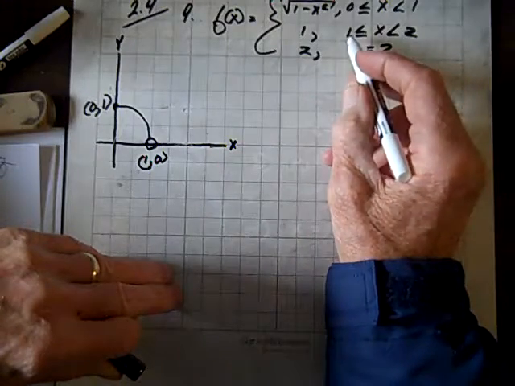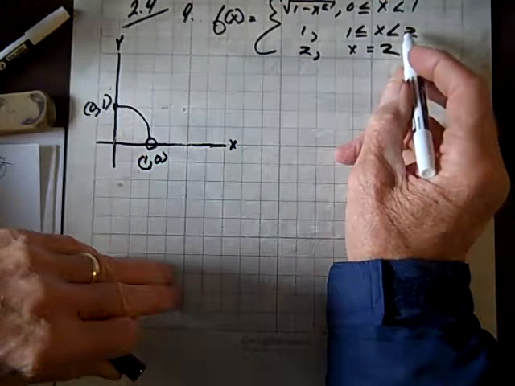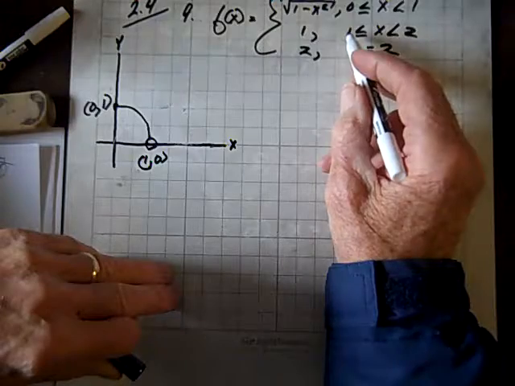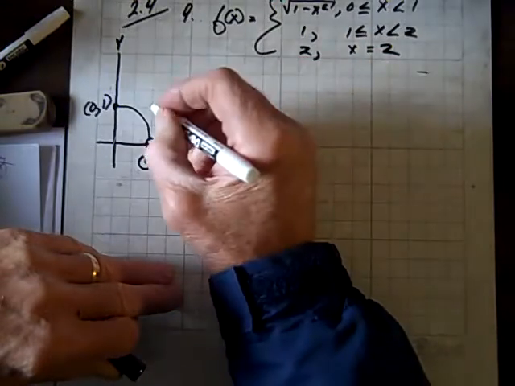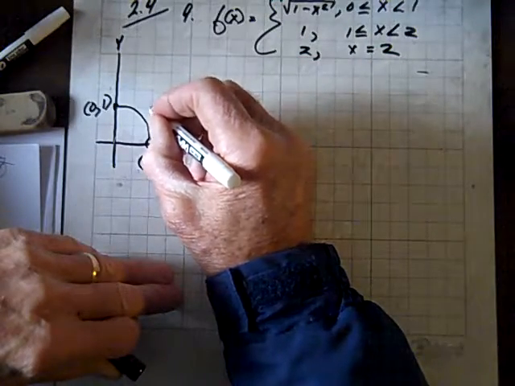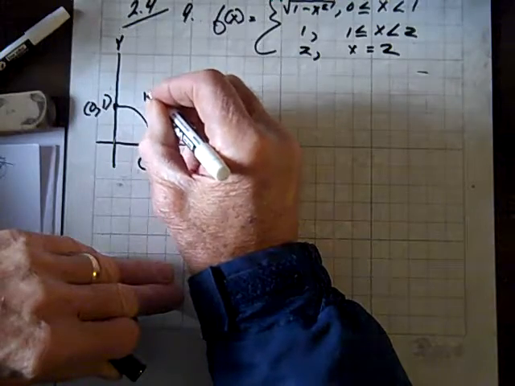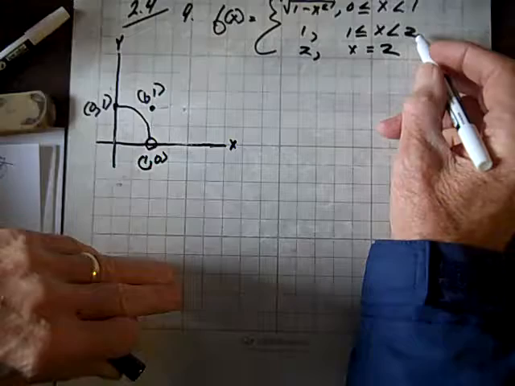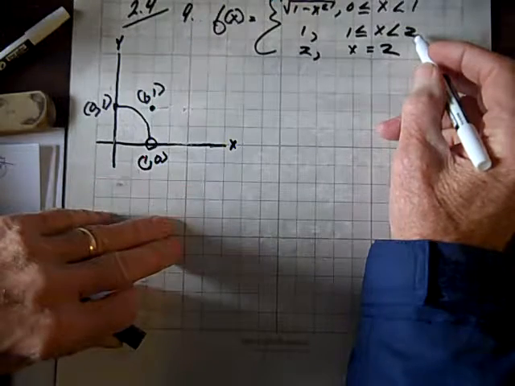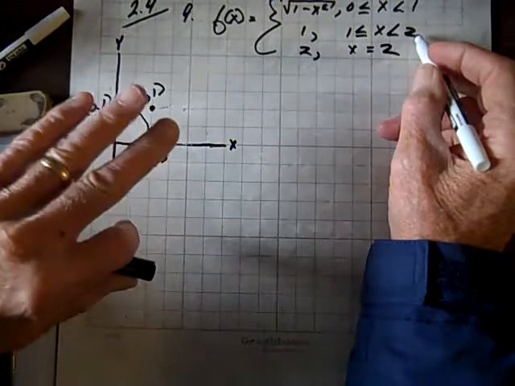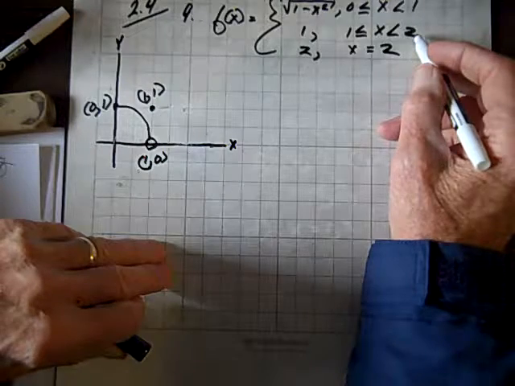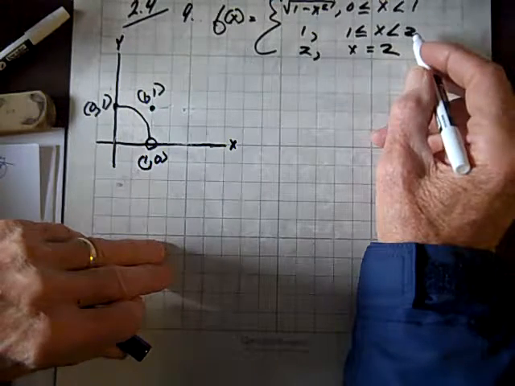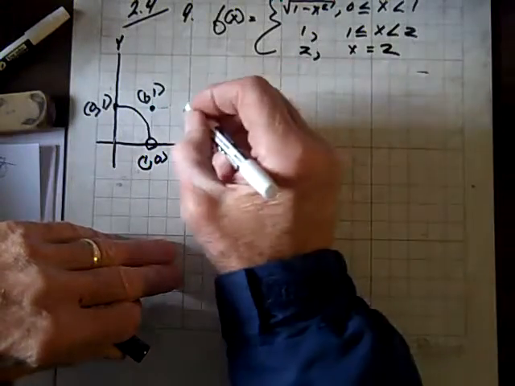Okay, now, 1 is in the domain of this piece. And when x is 1, f of 1 is 1. So here we are at 1, 1. Now, we'll let x be 2, and again, 2 is not in the domain of this function, but it allows us to locate the endpoint of this piece of the function. And so here we are.